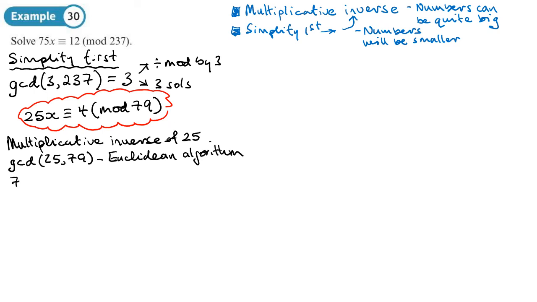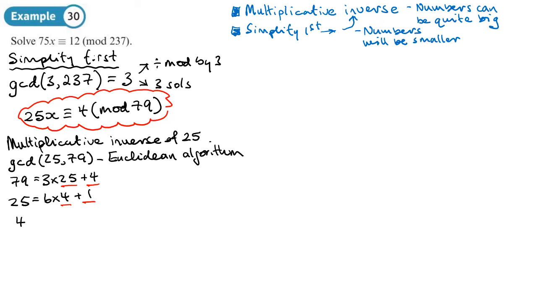So starting with the bigger number, 79, that can be written as 3 lots of 25, which is 75, plus a remainder of 4. Move these two numbers across, the 25 and the 4. So now I have 25 equals, how many 4s is that? 6 times 4 plus 1. Move these two across.